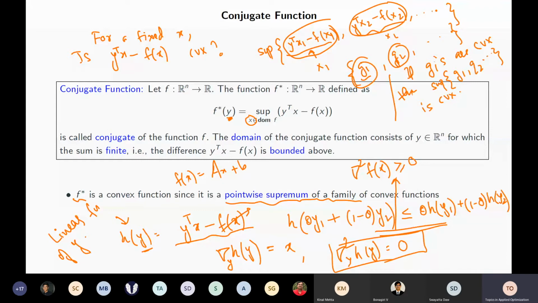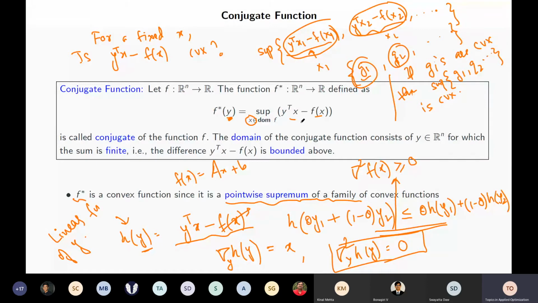So there are various ways to look into this. What we observe here is that we are taking the supremum of these types of functions, and this, seen as a function of y, is convex, because x is a constant and f of x is also a constant.